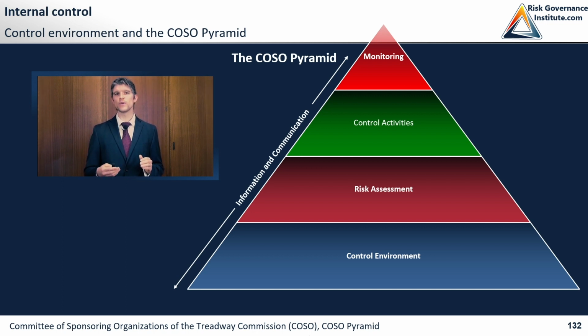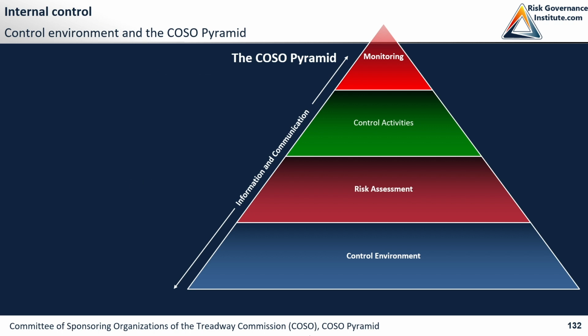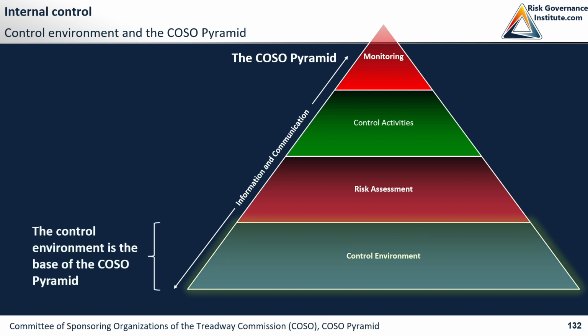Now, if you're familiar with the COSO cube, these different names that are given here are roughly familiar to you. What I want to show is that at the base of the pyramid, you have the control environment.